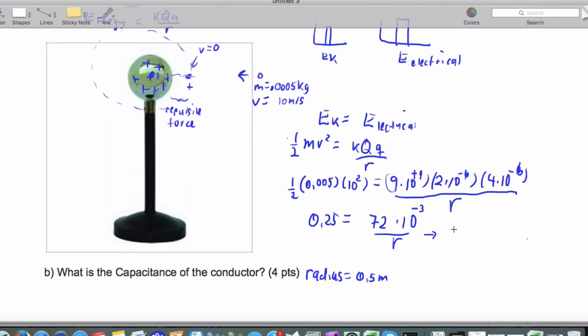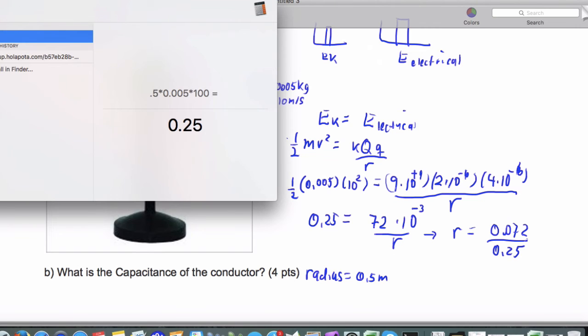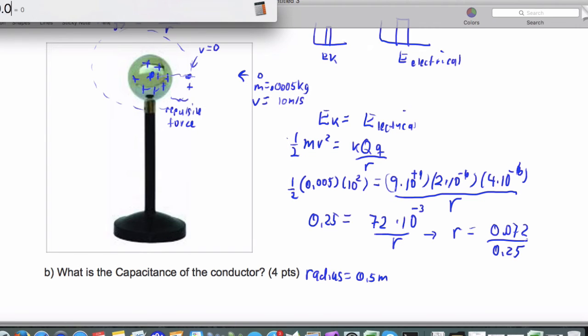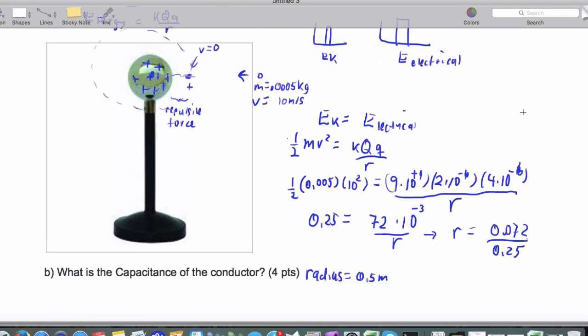So when I isolate, r is 0.072 divided by 0.25. When I solve that, I'm getting a distance of 0.288 meters from the center.